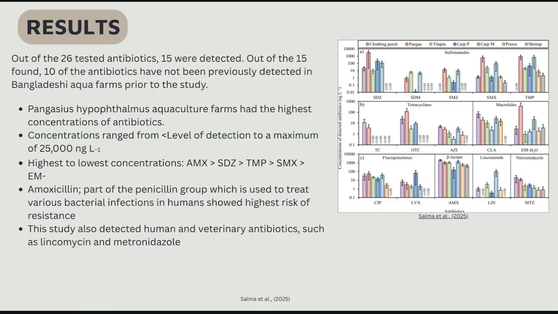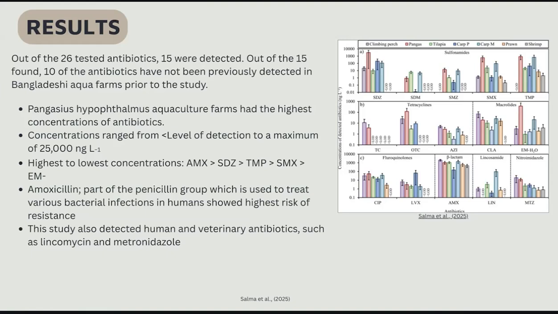So ranging from highest concentrations to lowest concentrations, amoxicillin was tested at the highest concentration, and amoxicillin is part of the penicillin drug group, which is used to treat a variety of human infections. And because of this, it shows the highest risk of forming bacterial resistance in nearby bacteria populations. I'll talk about that.